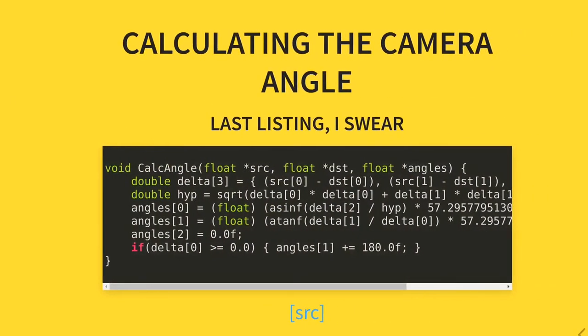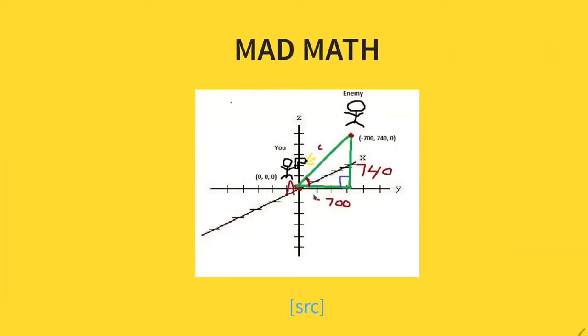Now the last remaining thing is to actually calculate the angle you need to look at to automatically aim at an enemy's head. The first thing that's calculated is a delta, which means you're taking your x, y, and z coordinates and you subtract them from the ones of your enemy, which makes you, in this imaginary triangle, the new origin.